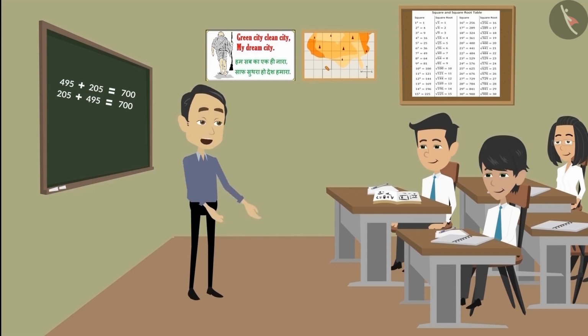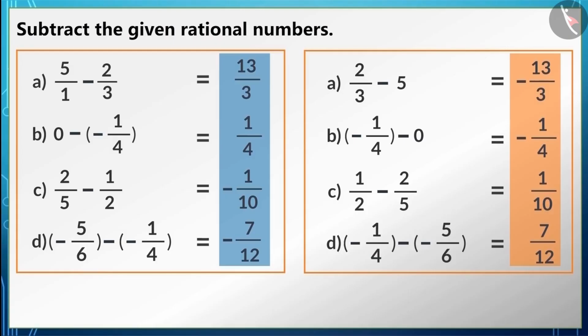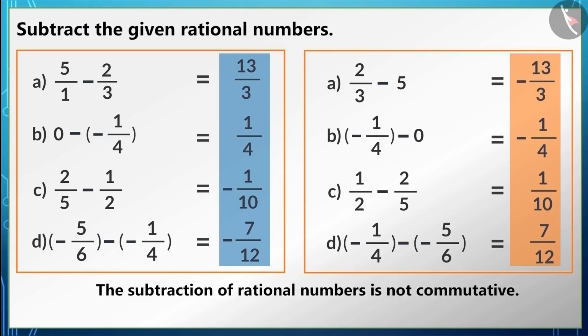We can see here that changing the order of numbers in subtraction changes our answer, because subtraction of rational numbers is not commutative. That is why we can say that for any two rational numbers A and B, A minus B is not equal to B minus A.